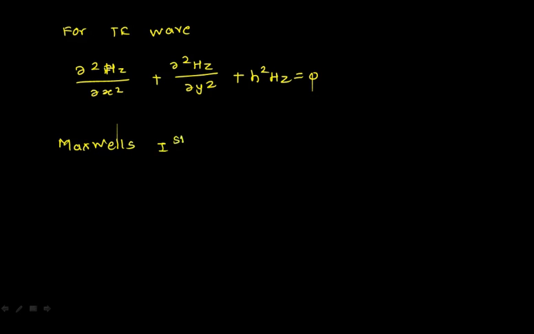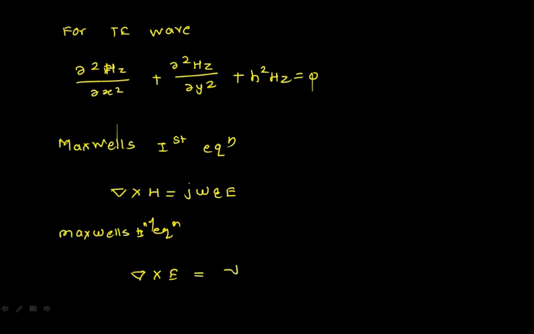Maxwell's first equation gives me del cross H is equal to j omega epsilon E, and Maxwell's second equation gives del cross E is equal to minus j omega mu H. So if you do recall these two equations, we are going to use them. These are Maxwell's first and second equations.